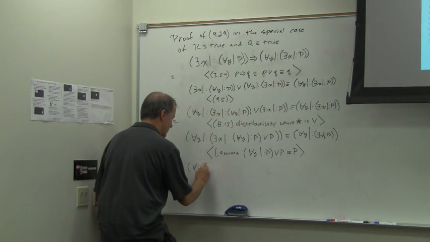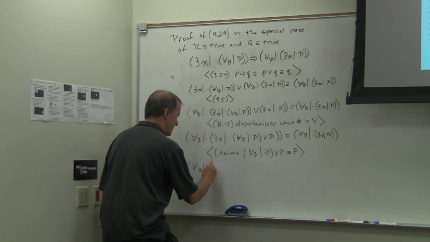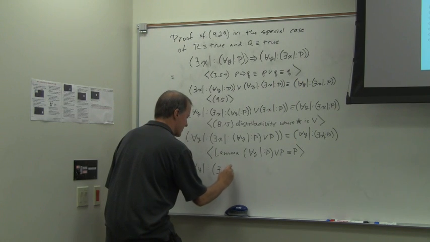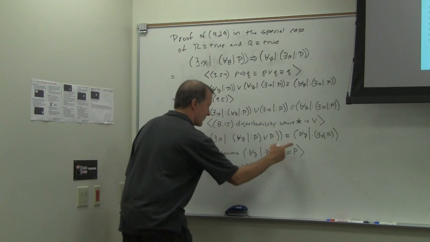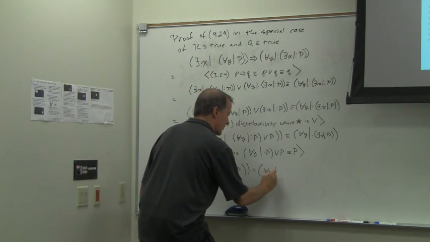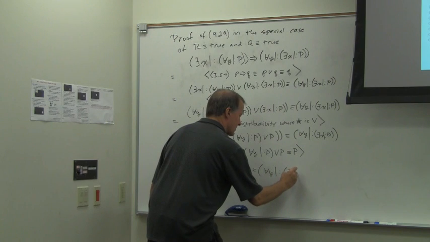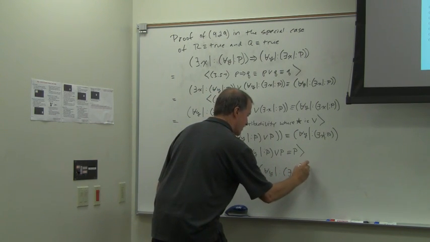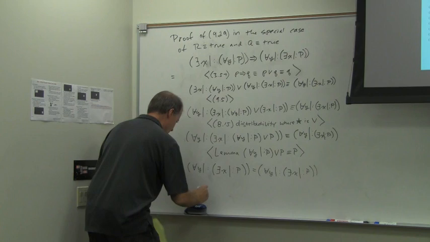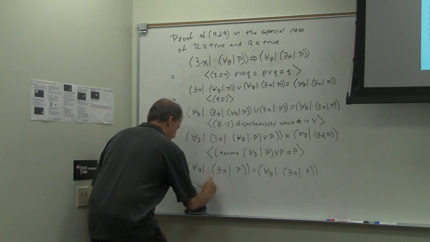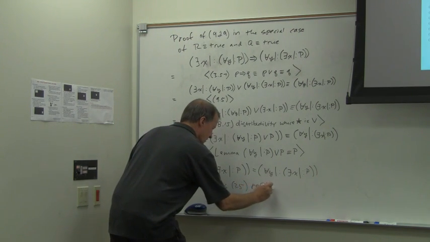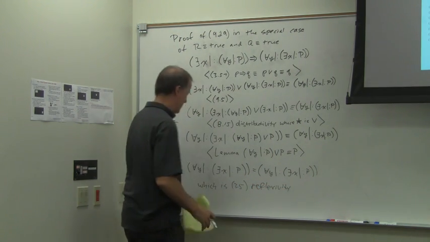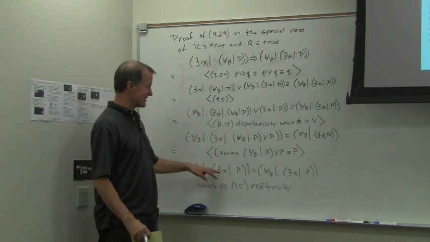For all y, range true, body, there exists an x, body p, is equivalent to for all y, range true, body, there exists an x, range true, body p, which is 3.5, which is 3.5 reflexivity, with p replaced by for all y, range true, there exists an x, range, blah, blah, blah.